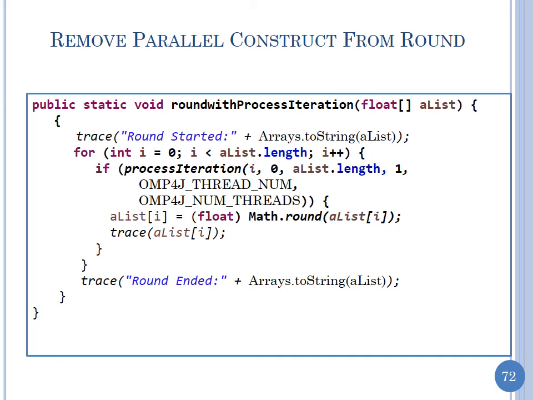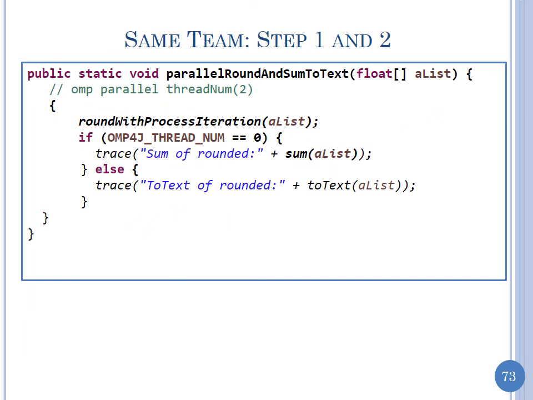So we can remove the parallel construct from our round with process iteration, because we're going to create the parallel somewhere else, before calling round with process iteration. I'm going to create the parallel here, and say, run round with process iteration.